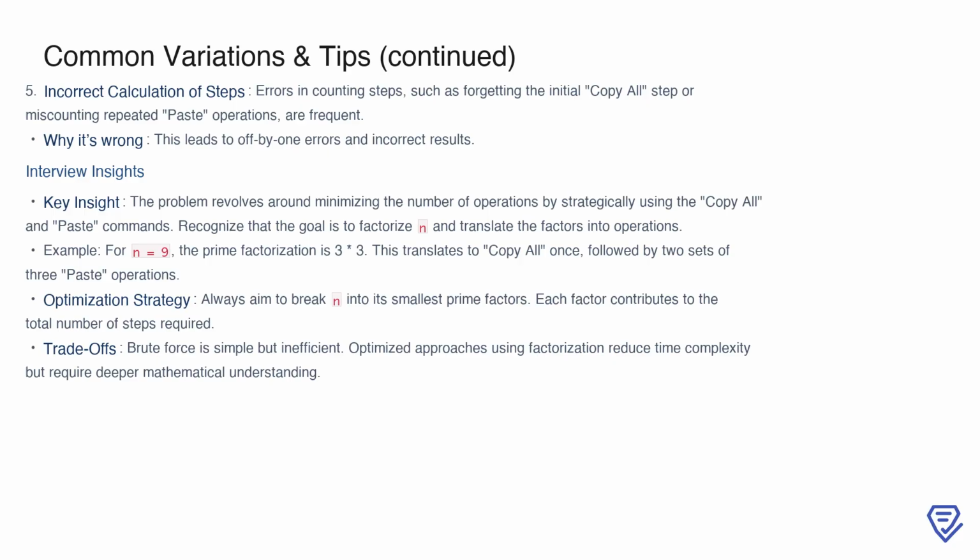To optimize further, always aim to break n into its smallest prime factors, as each factor directly contributes to the total number of steps. While brute force approaches are simple, they are computationally expensive. On the other hand, leveraging prime factorization significantly reduces time complexity, though it requires a deeper understanding of the underlying math.